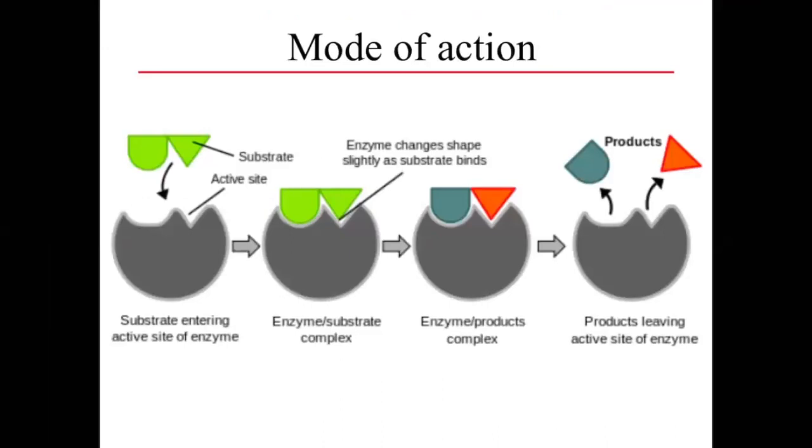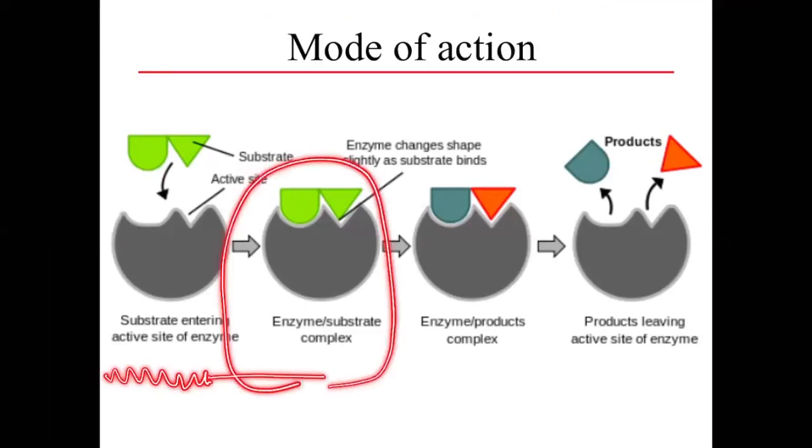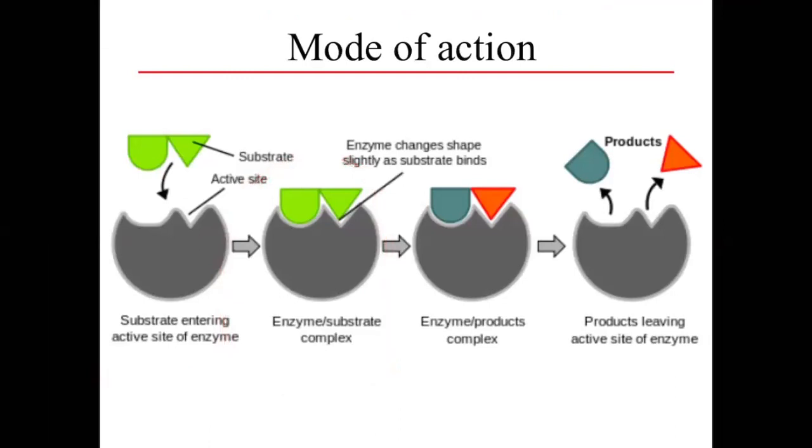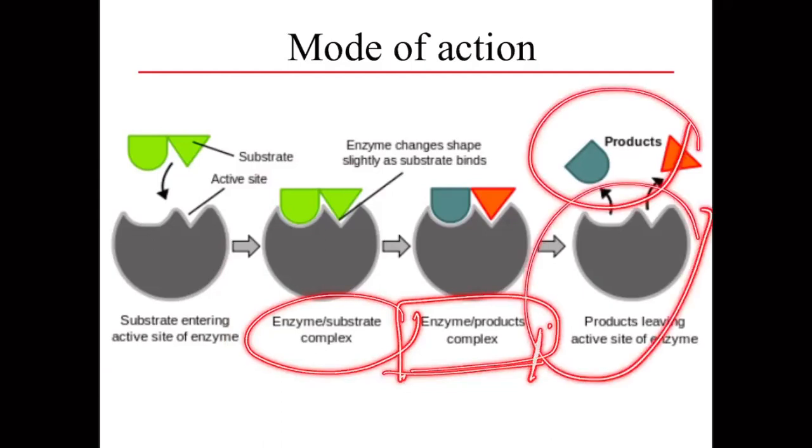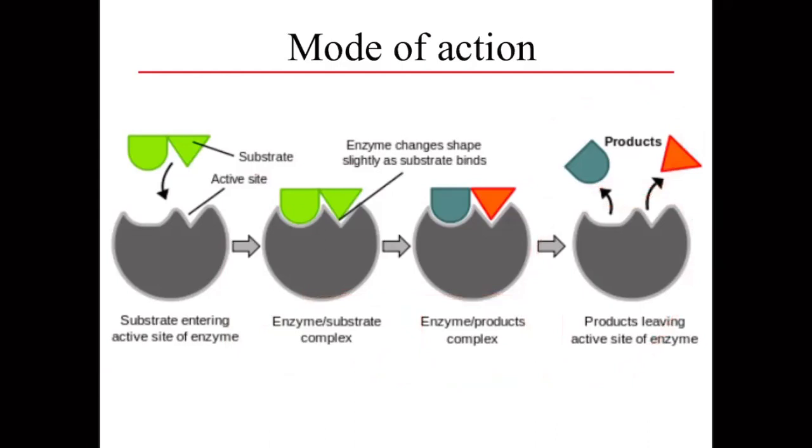First, you have a substrate entering the active site. Then you have an enzyme substrate complex. ठीक है, इसका मतलब यहाँ पे the enzyme substrate complex बिल्कुल जीरो था. आहिस्ते आहिस्ते टाइम के साथ बहुत ज्यादा हो गया. जब ज्यादा हो गया फिर क्या बन गया? अब ये खत्म हो जाएगा. अब क्या बन जाएगा? एंजाइम प्रोडक्ट कॉम्प्लेक्स. फिर एंजाइम प्रोडक्ट कॉम्प्लेक्स भी कम हो जाएगा, और फिर क्या बन जाएगा? प्रोडक्ट्स अलग, एंजाइम अलग. Now do you guys make a connection between these two?